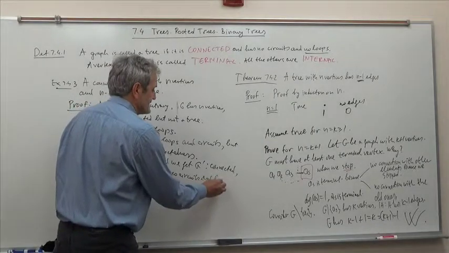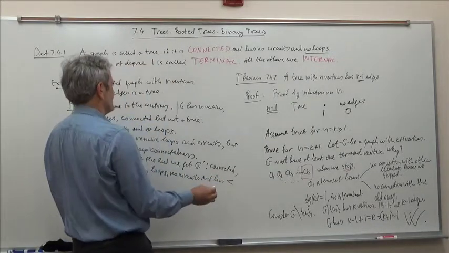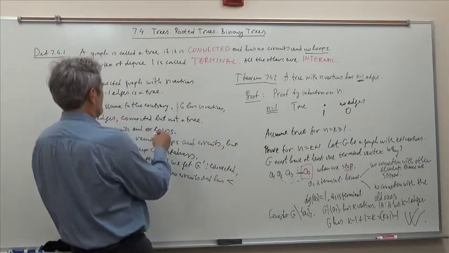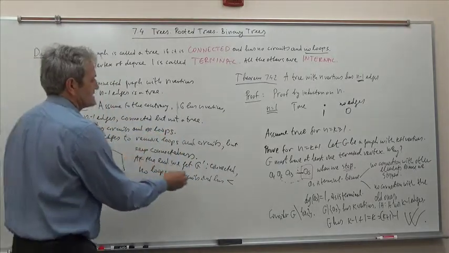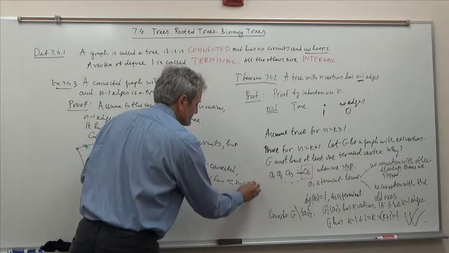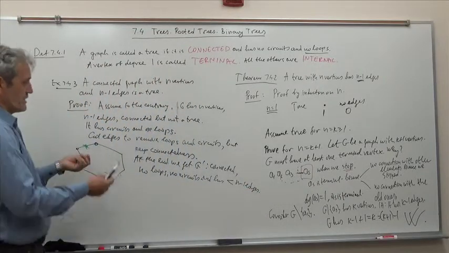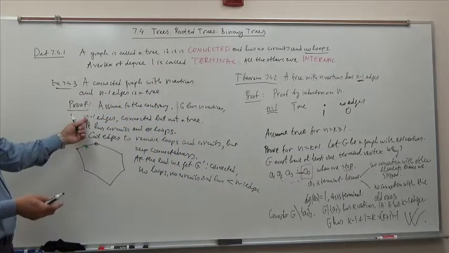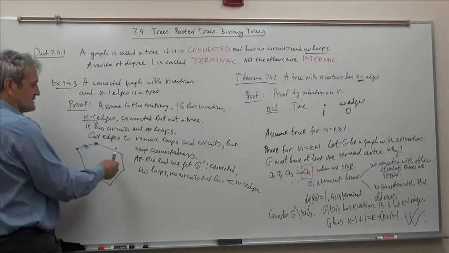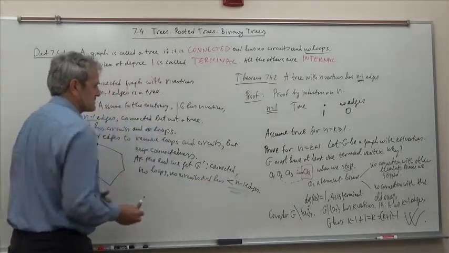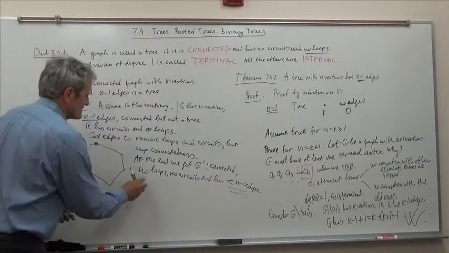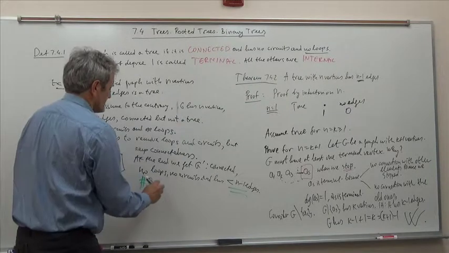It has less than n minus 1 edges. Why? Because we kept cutting. It had n minus 1 in the beginning, then we kept cutting, so now we have less than n minus 1 edges. But this contradicts the previous theorem.